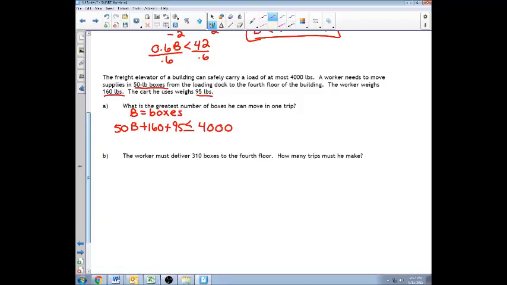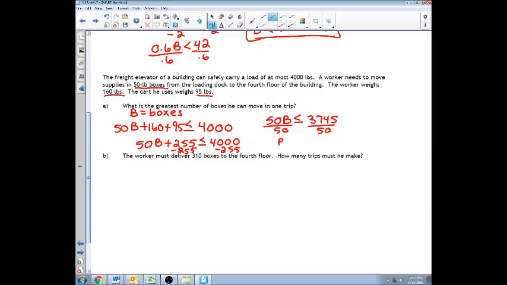From here, what I can do is go ahead and combine like terms. So it would be 50b plus 255 needs to be less than or equal to 4,000. If I subtract the 255 from both sides, that would be 50b needs to be less than or equal to 3,745. Divide by 50.